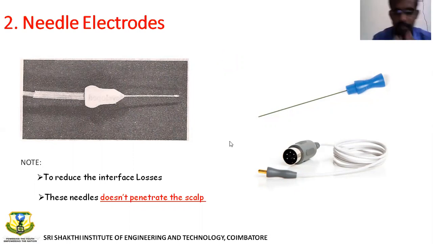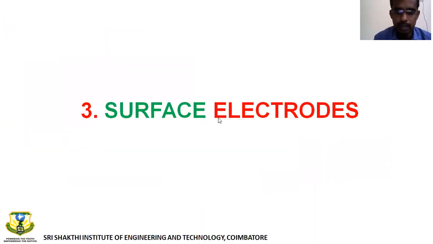Whenever interference losses have to be low, we'll always go for needle electrodes. It will be very small, so a tin connector is there, and that's how they'll try to connect. The third one is the surface electrode. Only this has 5 types, right? We'll see one by one.